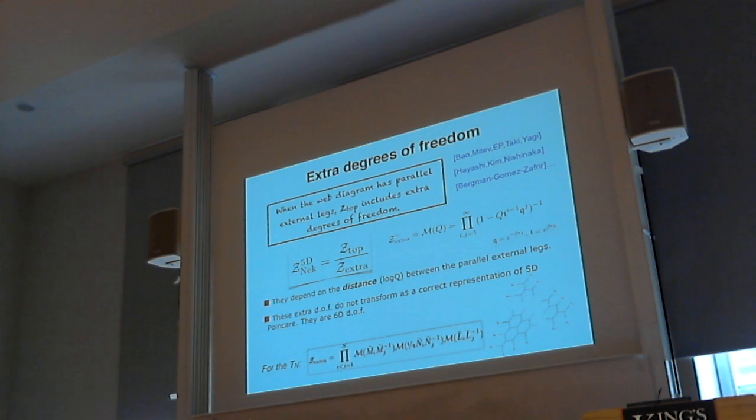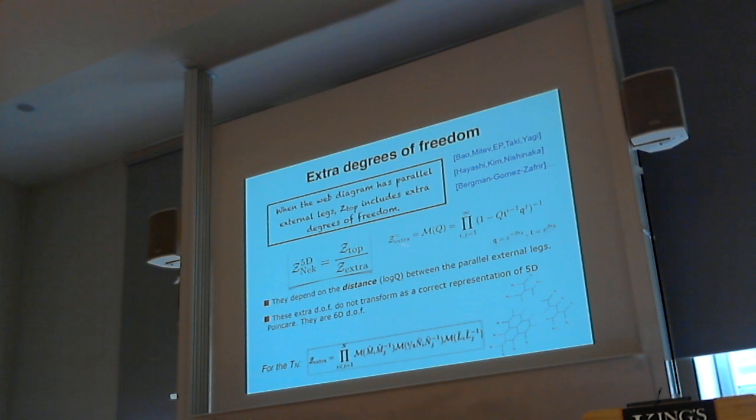There is an extra piece of information that you have to add in order to be able to do the computation, and this is what we did, and by now it's checked and agreed by a lot of authors, that whenever you have a web diagram that has parallel external legs, that's not it, the old prescription. You have to actually subtract some extra degrees of freedom that are there.